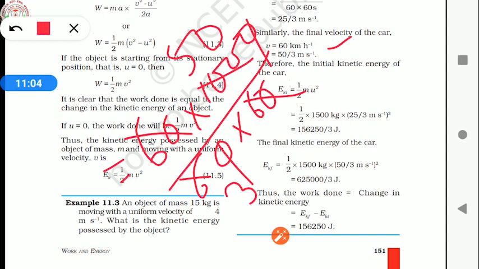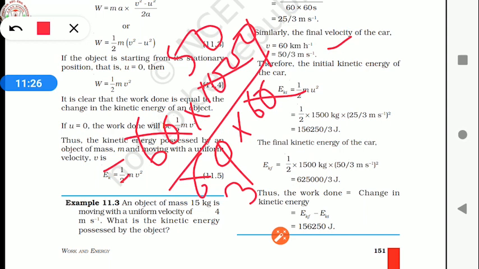Now calculate the initial kinetic energy of the car. As you know, kinetic energy of a car is equal to half into mass into velocity square. So here velocity means initial velocity of the car.